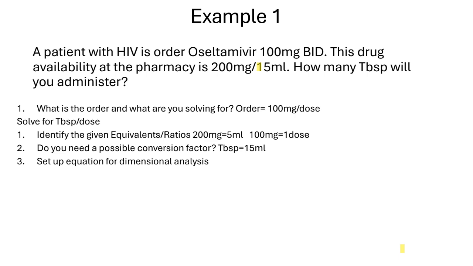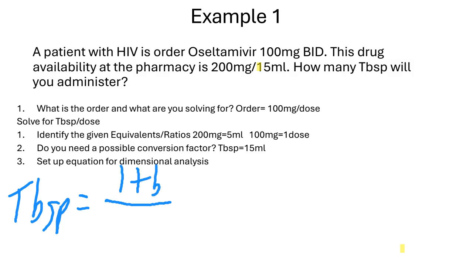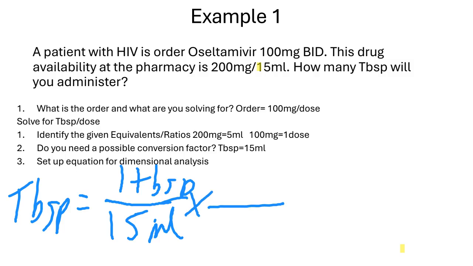So we're going to look for tablespoons. And we have to match what we're looking for with the top. So we know that 1 tablespoon will give you 15 mLs. And now we can start plugging in the rest of the information.